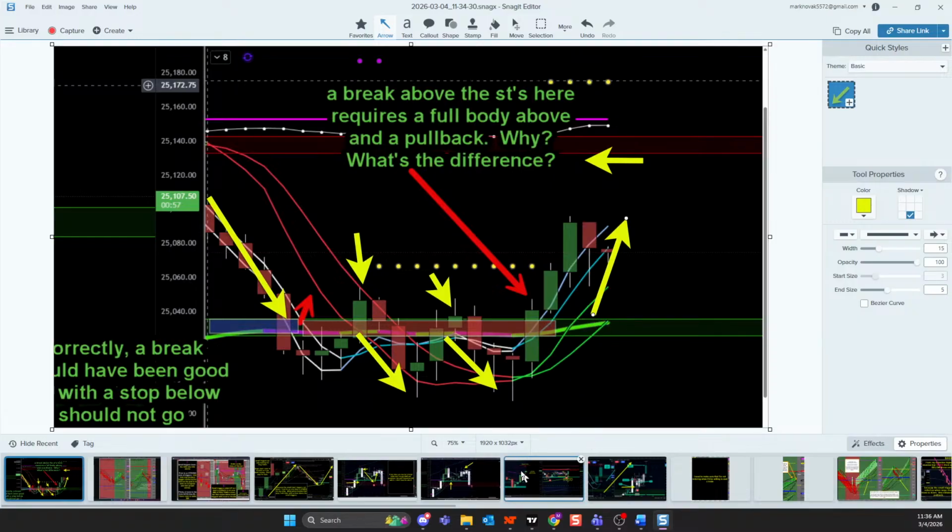That's why we wait for the pullback, because this fails more than it wins. There is no edge in the prairie dog. The prairie dog will lose more than it wins. It'll win now and then. No, it's not a nice entry. It's the same crappy entry as that one and that one.